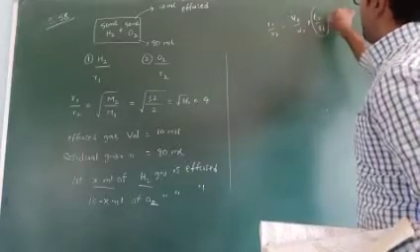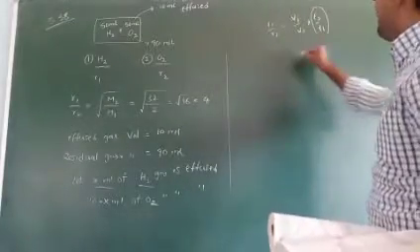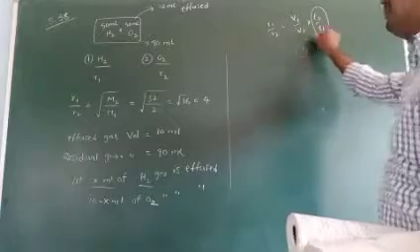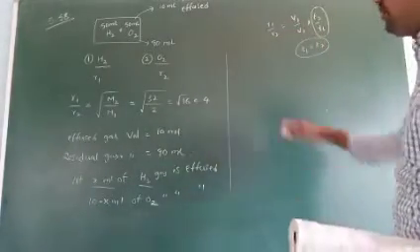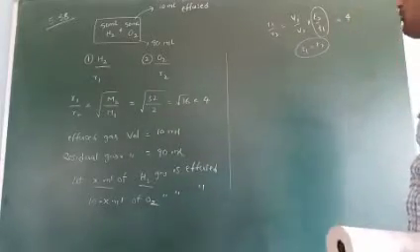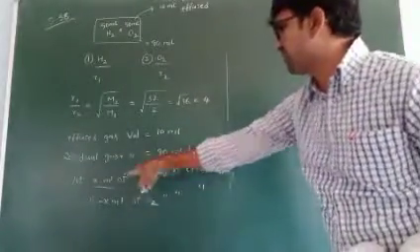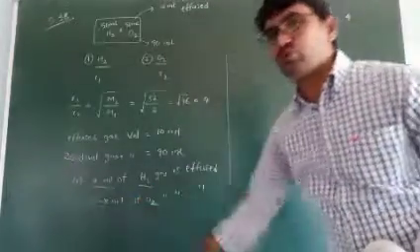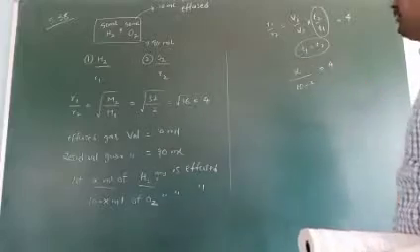Here time is not mentioned, which means T1 equals T2, the same time in which the volumes are diffused out. But we know that R1 by R2 is equal to 4. Then V1 by V2, V1 means volume of hydrogen gas, that is x, by V2, volume of O2 gas, that is 10 minus x, is equal to 4.